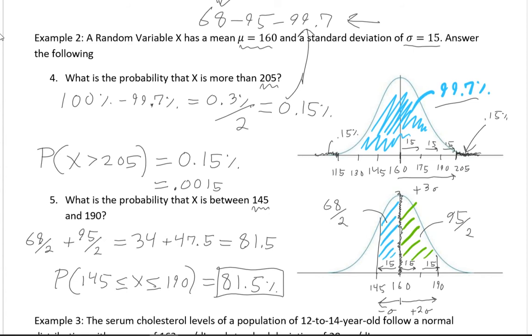That's probably most individuals' solutions for this. There are other alternatives. For example, we noted before that from 145 down, this was 16%. And we can also find the area from 190 up by doing our previous process from 3 and 4. And we'd find that this is 2.5%. So you could comparatively also do 100, take away the two tails that you don't want.